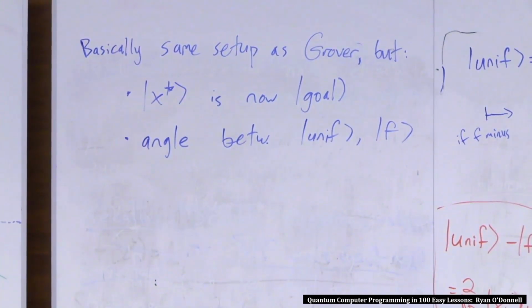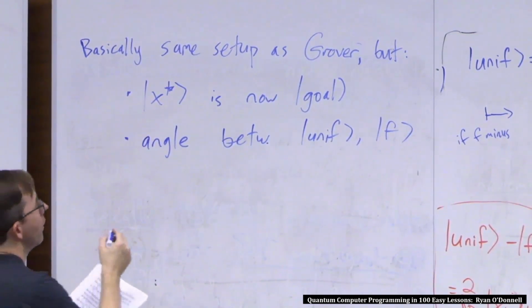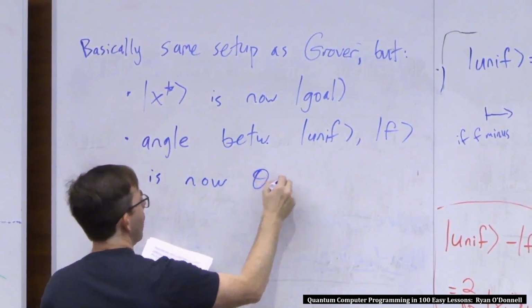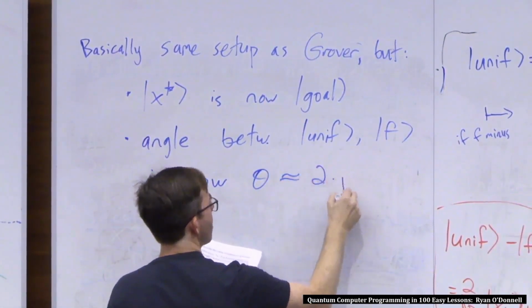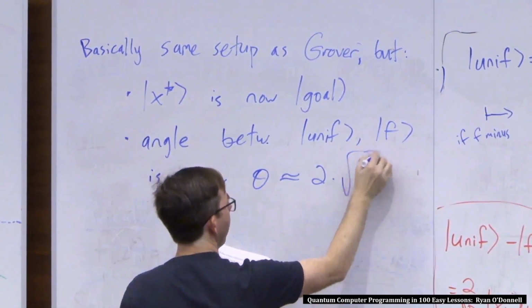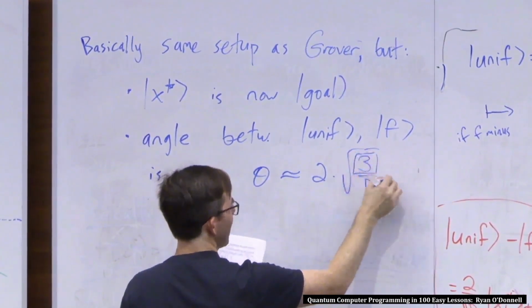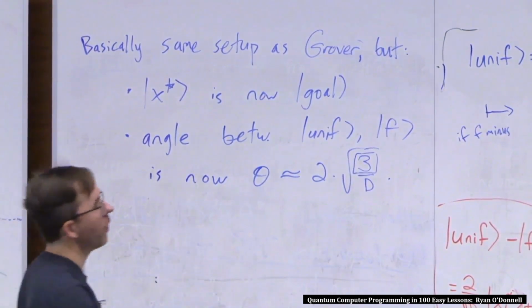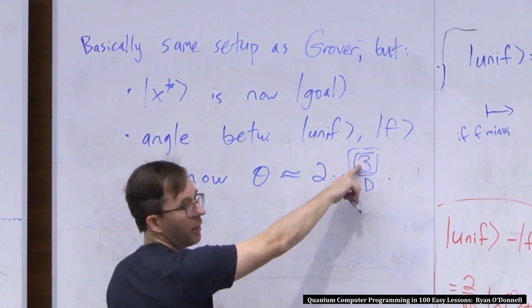So it's basically the length of this difference vector, which we saw as 2 times square root 3 over d. So theta is now extremely close to 2 times square root 3 over d. And we'll put this in a little box because this is the difference. This used to be 1 when there was one satisfying string. And I think you can probably check that if there's 7 satisfying strings and we repeated this, this would be a 7 here.